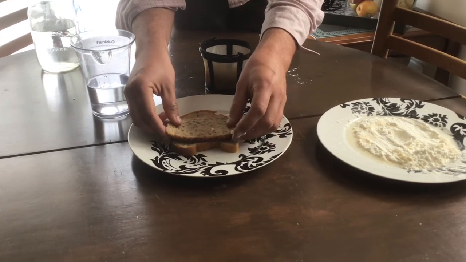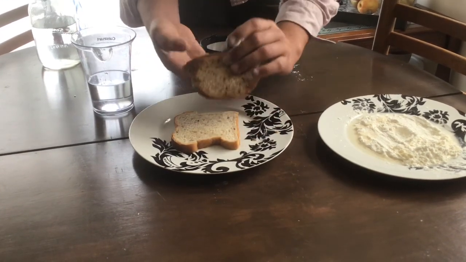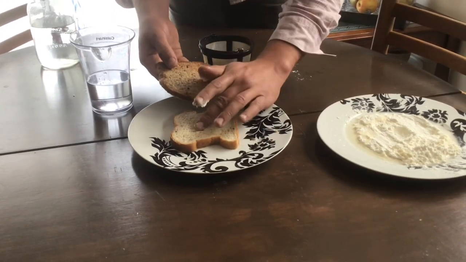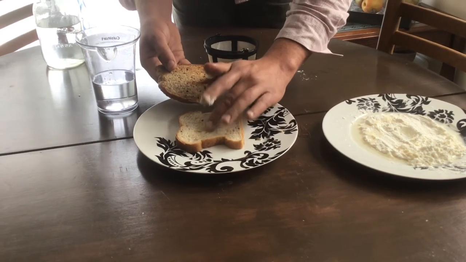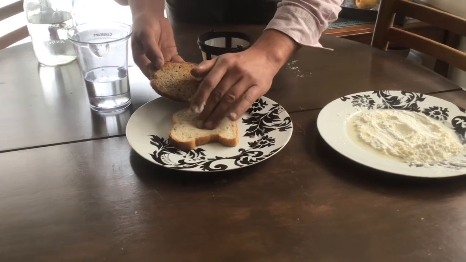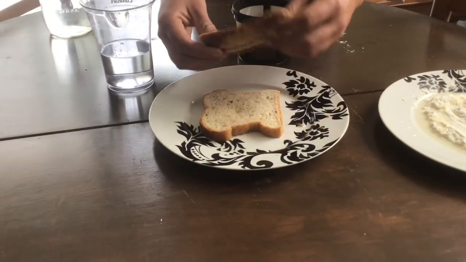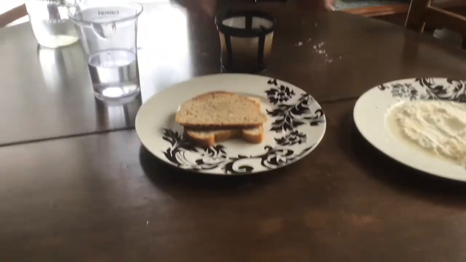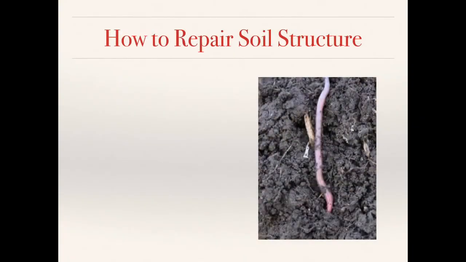And if we look under here, we're wet all the way through the first piece, and we're moist on the second piece. So the water was able to infiltrate through down into the soil strata where it can be captured and stored. That's a wrap.